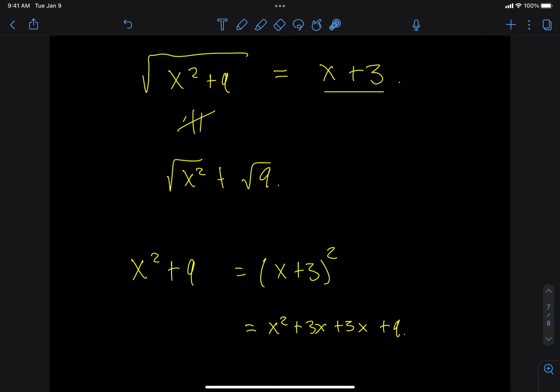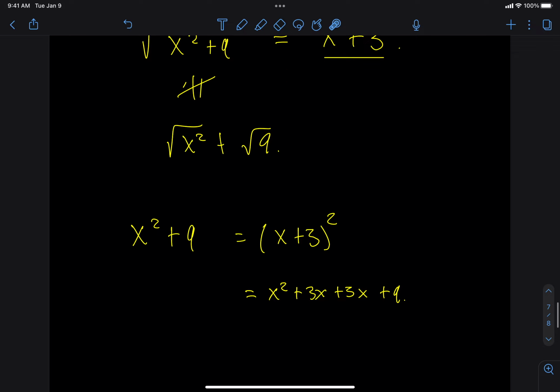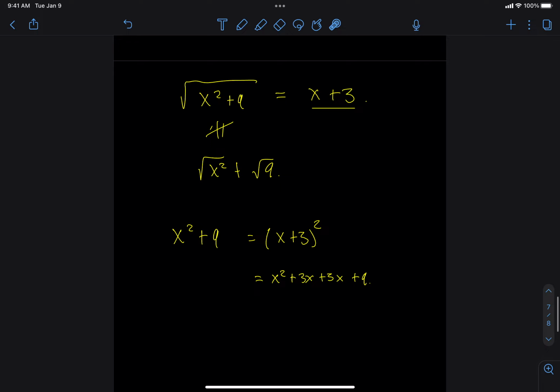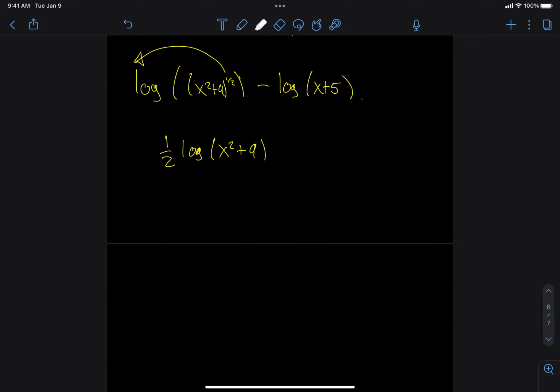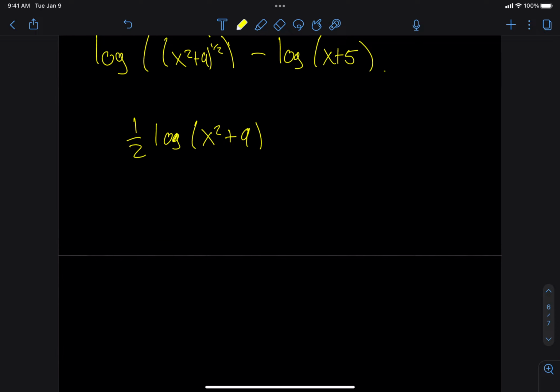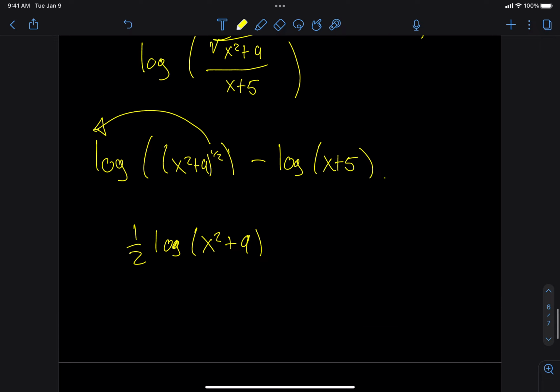Or you can try some test points and see if it's true for the test points. In fact, the only point that this will be true for is x equals 0. That's the only time that this will be true, right? Okay, so that's just tools for you to use when you're on the exam and you can't ask me questions like that. You can always ask yourself and try to answer your own question.